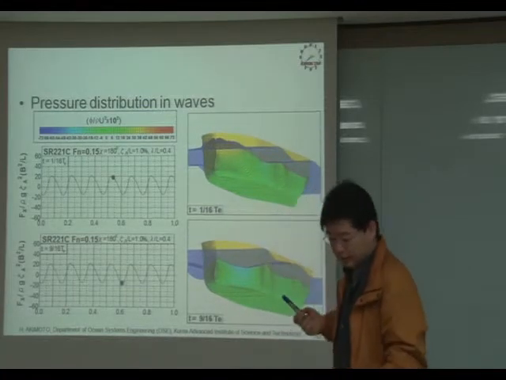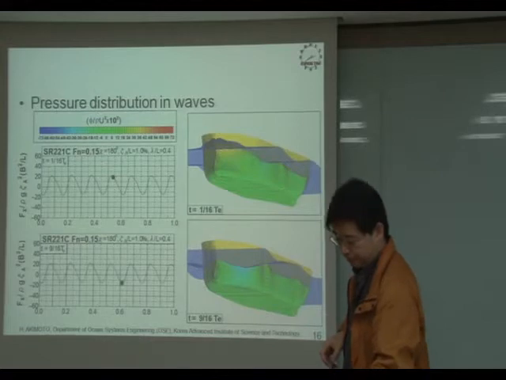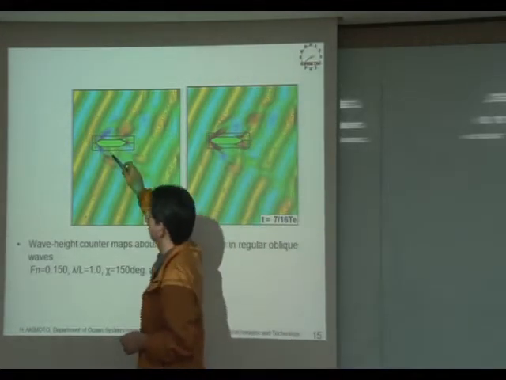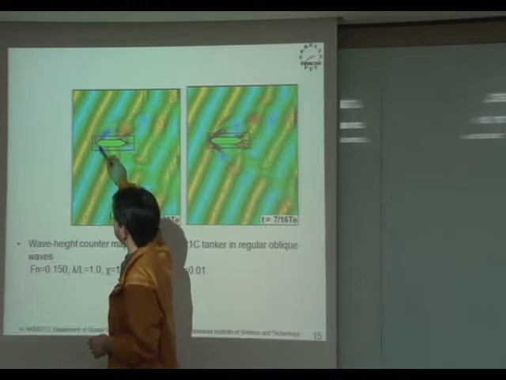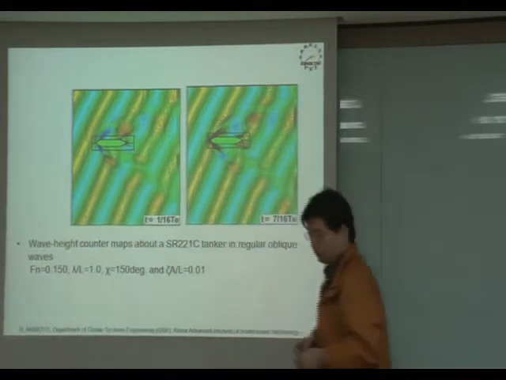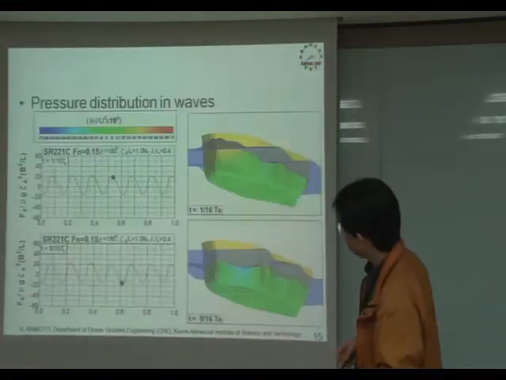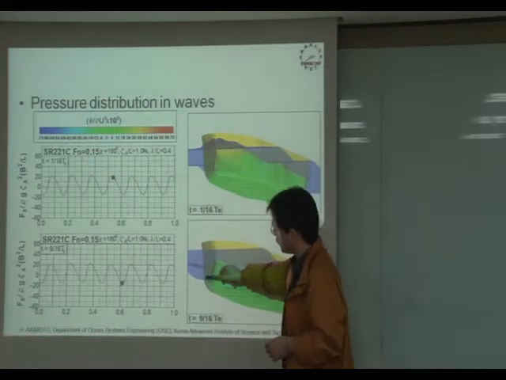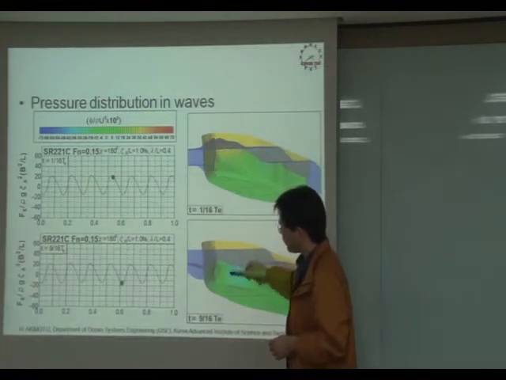In the different time sequence, when the bow is at the lower peak of the wave, naturally it will reduce the wetted surface.